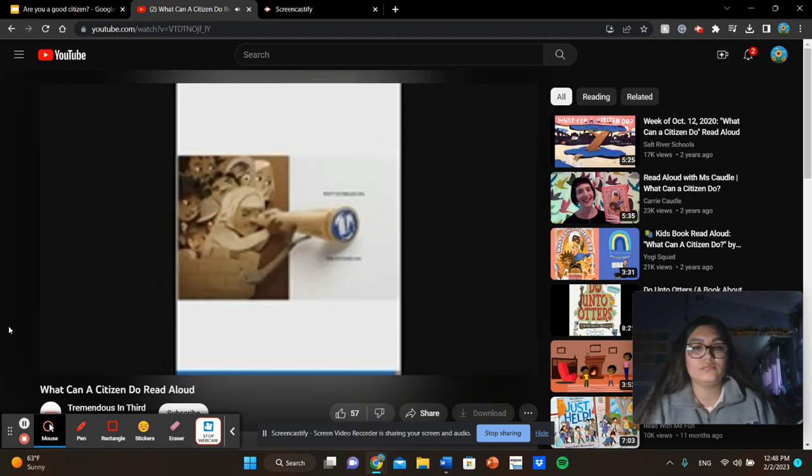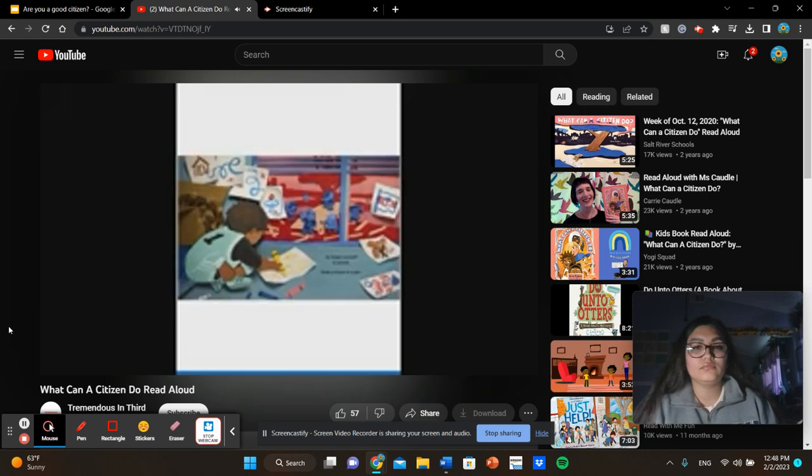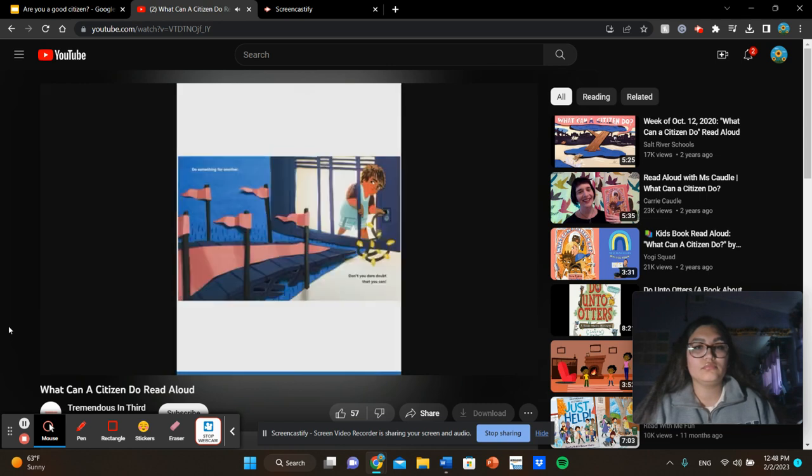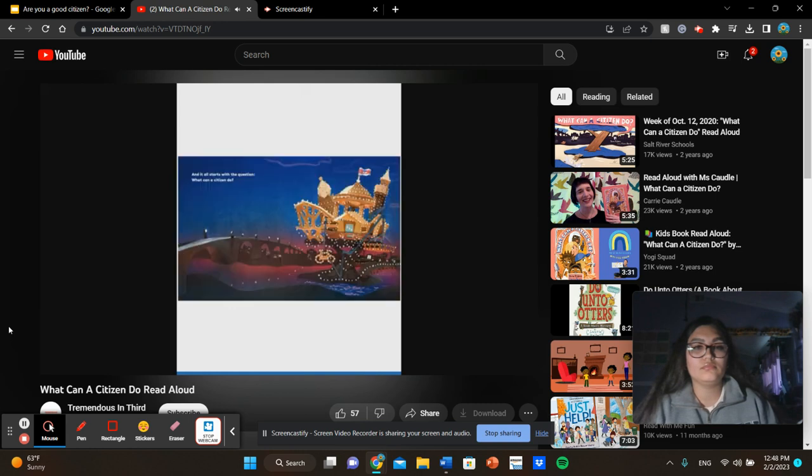And if we help just one, help one lonely soul, we open doors, we bring light, we bind us up and make us whole. So forget yourself a second, grab a shovel or a pen. Do something for another. Don't you dare doubt that you can. Everything makes an impact on a bigger big than you. And it all starts with a question.